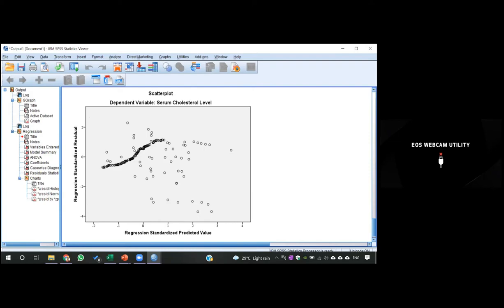It is a standardized residual and standardized predicted value. Just don't go by independent and dependent, because it is giving you the value of residual. I remember it that P comes before R and X comes before Y. So predicted values are on X and the residuals are on Y. Okay. Is it clear, Neeraj?